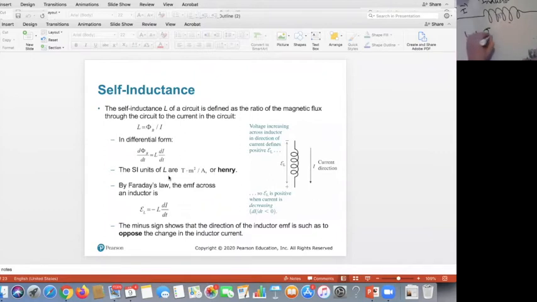So L is inductance. It's measured in Henry. And our formula for our inductance is dΦ/dt equals L dI/dt.